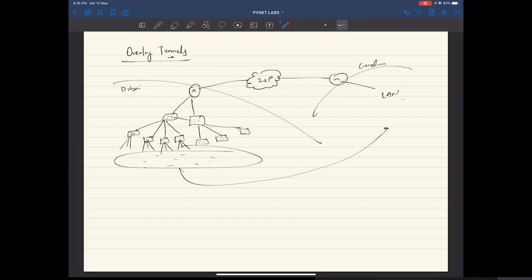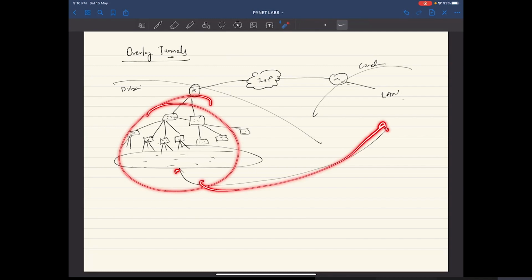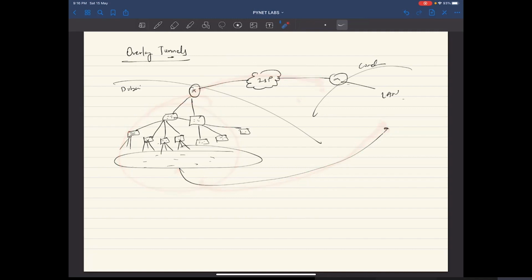Because you are sending private data to the private site, but over a public infrastructure, over a public route. So any user that intercepts the traffic flowing over that public transport can use that captured data for wrong intentions. And that's where security comes into play.